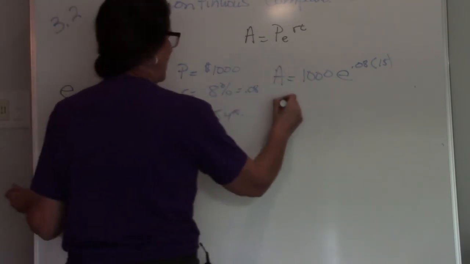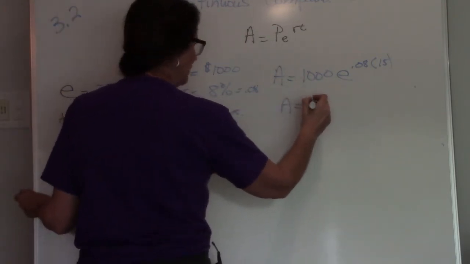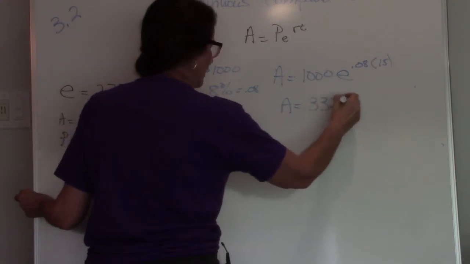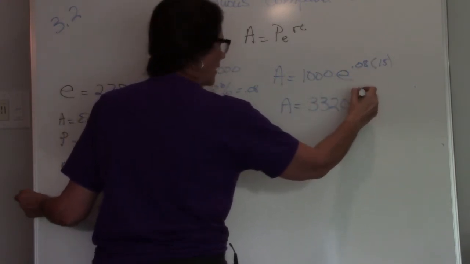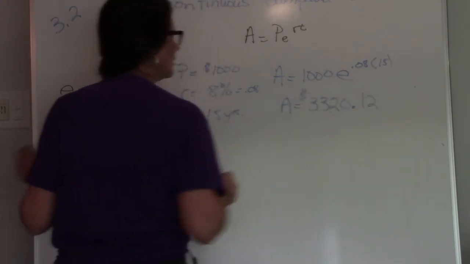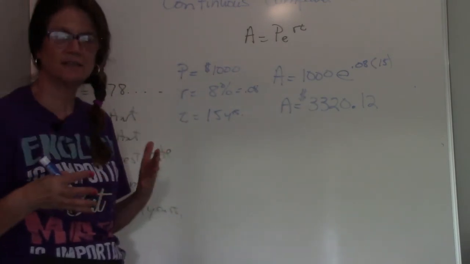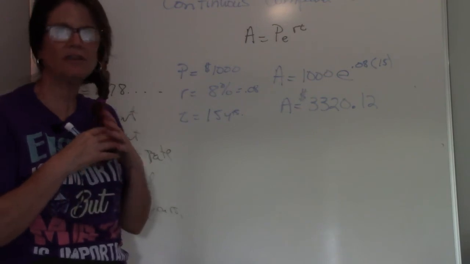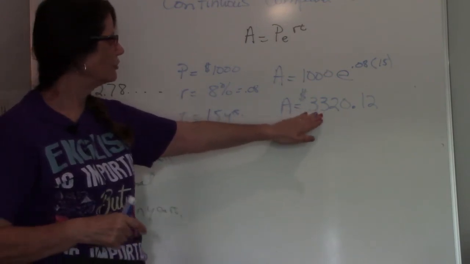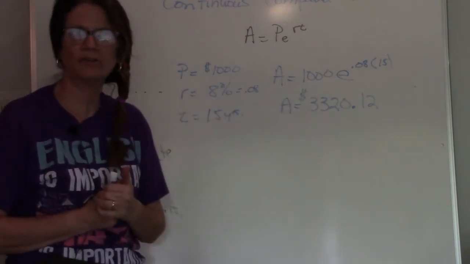So my amount after 15 years is $3,320.12. Not bad for letting something just sit for 15 years. You haven't lifted a finger, and you have earned $2,320 in interest.